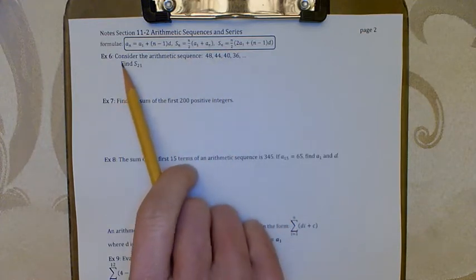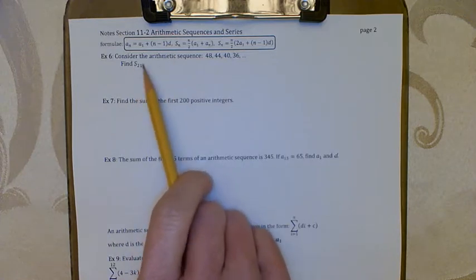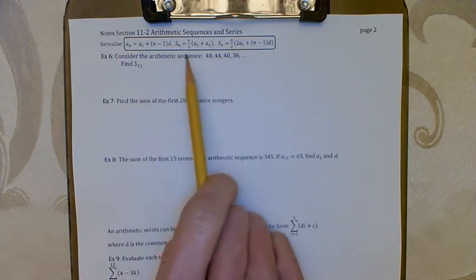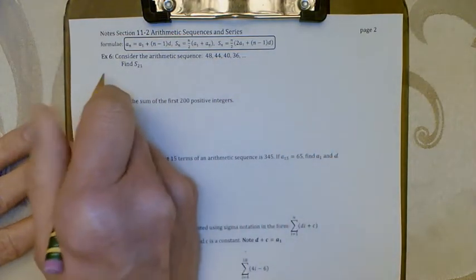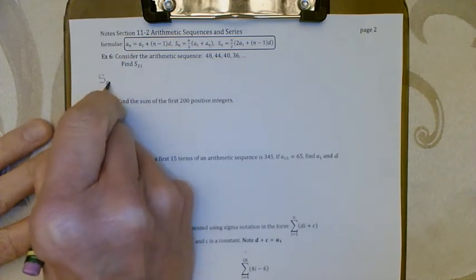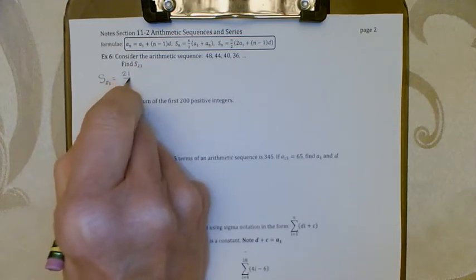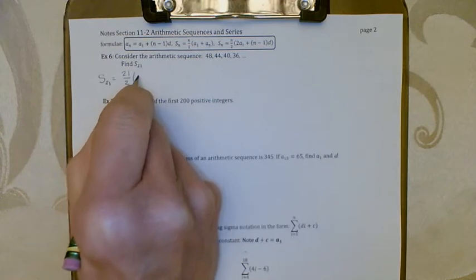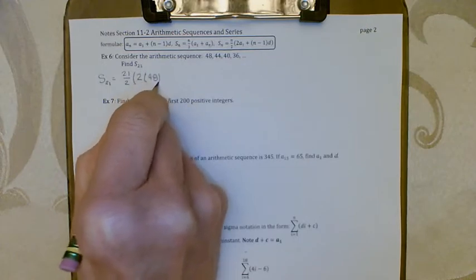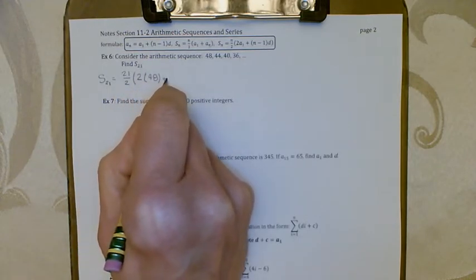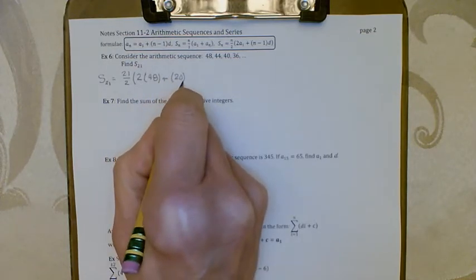And so in that case, in example 6, that's the actual case that we're talking about here. So we want to find the sum of the first 21 terms. We're given the first 4 terms. This formula works nicely, and so we do S sub 21, the sum of the first 21 terms, and that is equal to 21 divided by 2, and then 2 times the first term, 48, plus then n minus 1, n is 21, so 21 minus 1, or 20, and then times the common difference.